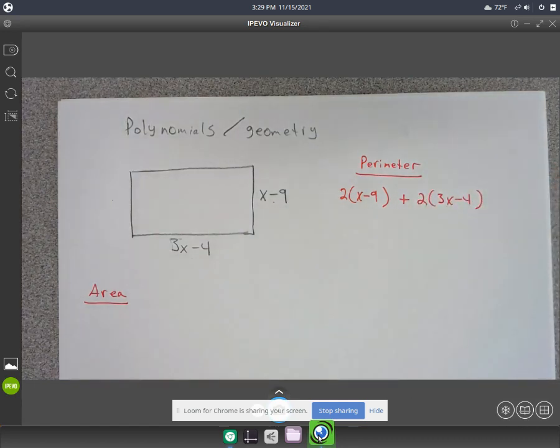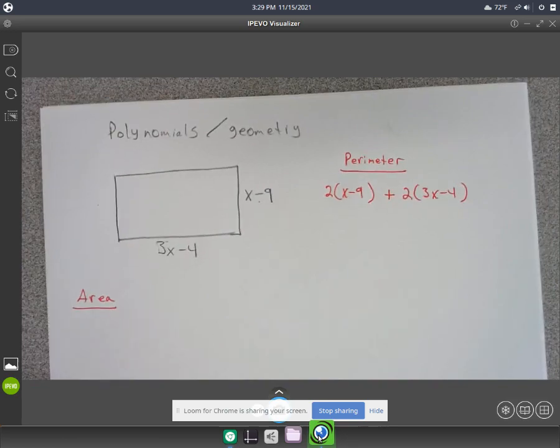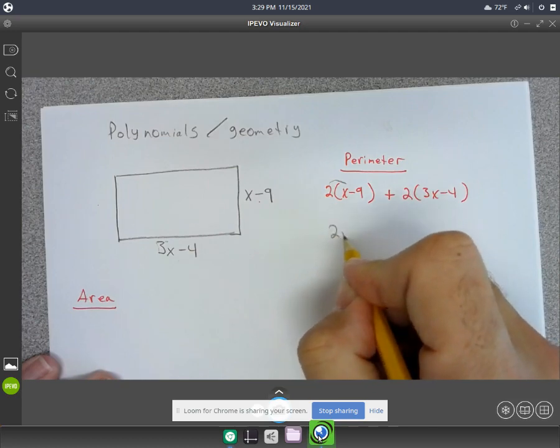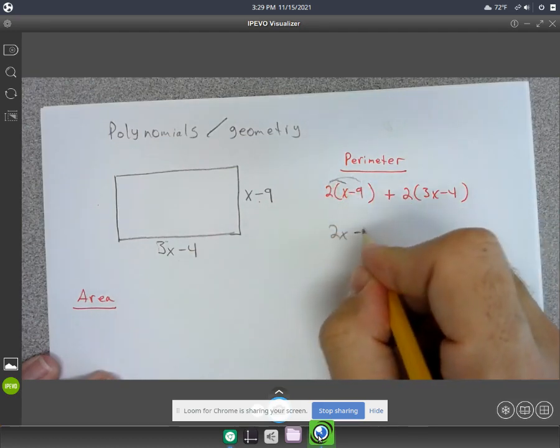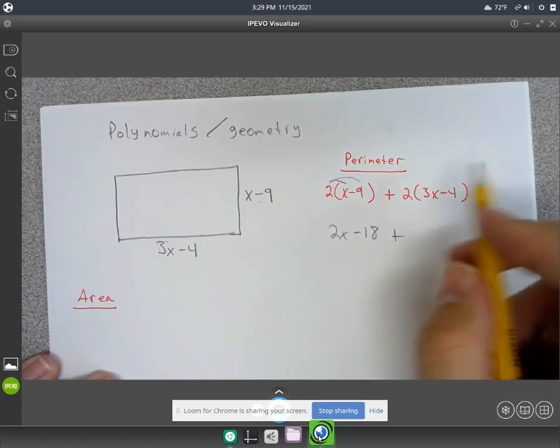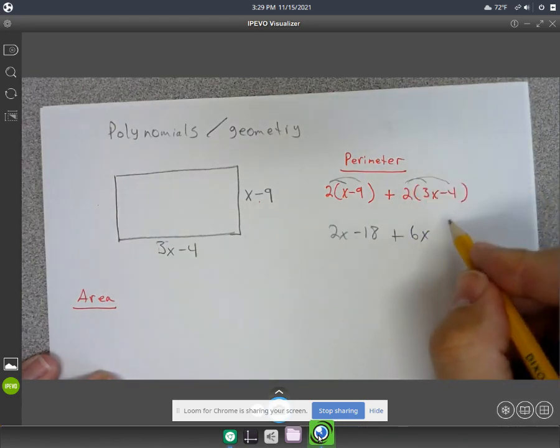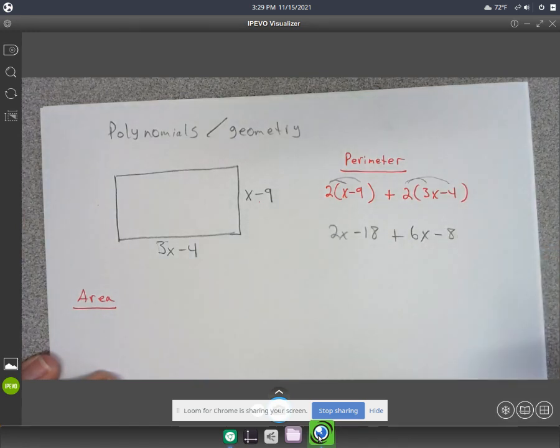All right, and then I'm just going to simplify this expression, and that's going to be how I find the perimeter. So 2 times x will be 2x. 2 times the 9 will be a negative 18. This will be a 6x. And then 2 times the 4, that'll be a negative 8.